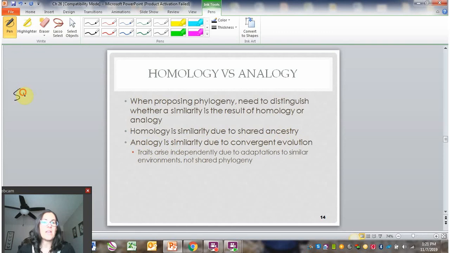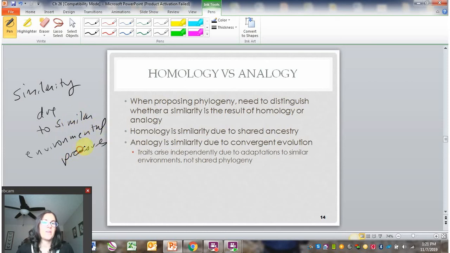Analogy is similarity due to similar environmental pressures. So traits arise in two organisms independently, not because they got it from an ancestor, but due to adaptations to similar environments.